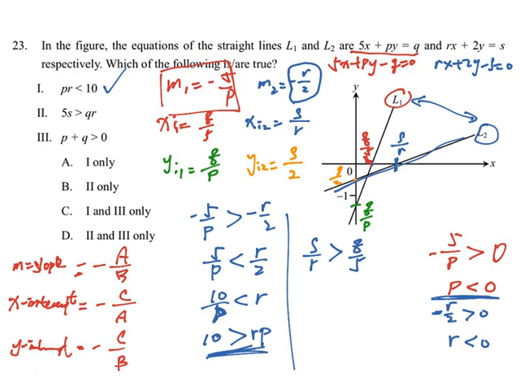So we can cross multiply, so 5s. And then for r, because it is less than 0, when we multiply the right hand side, it becomes less than. So 5s is less than rq, so this one is wrong. So you can see, same as before, because 1 is correct, for this case it is also 2 wrong.